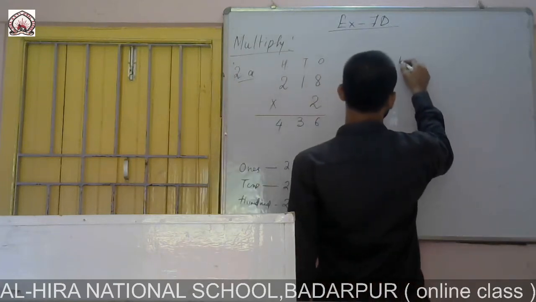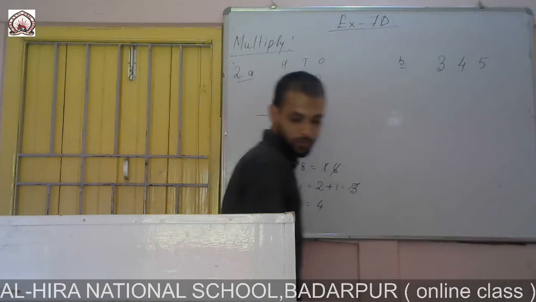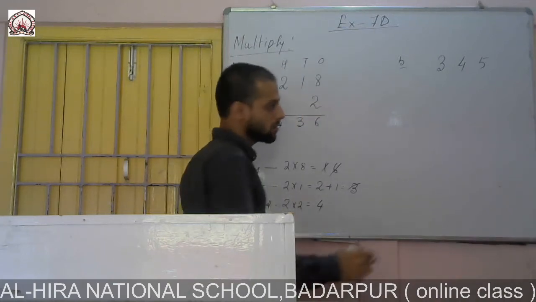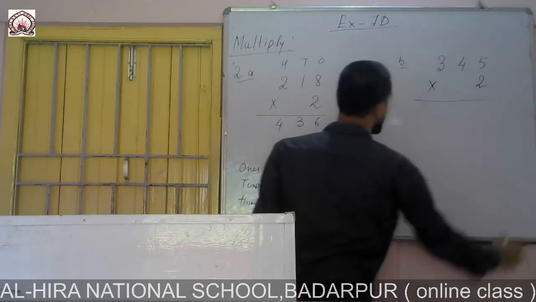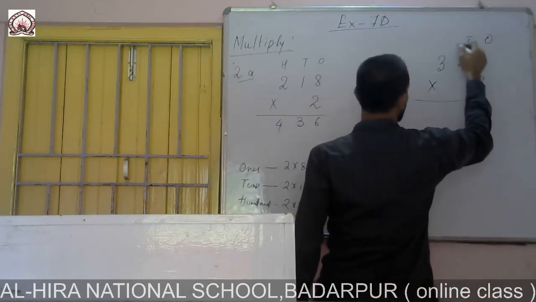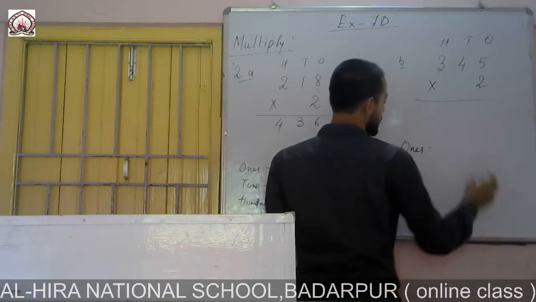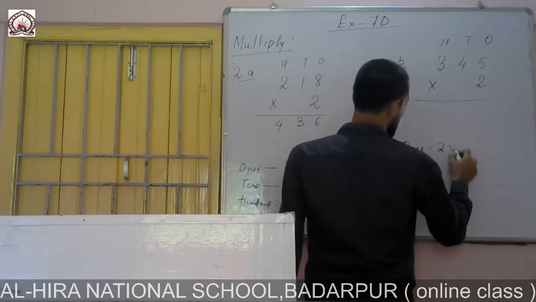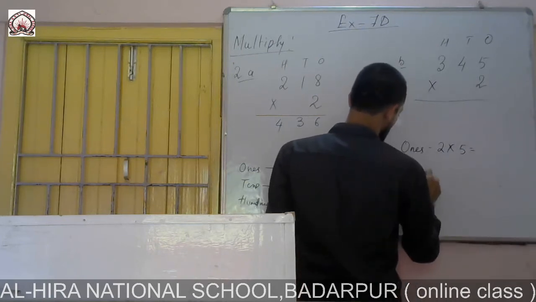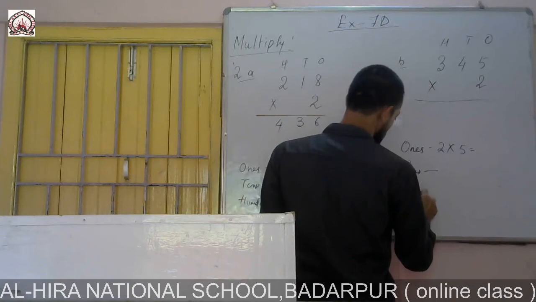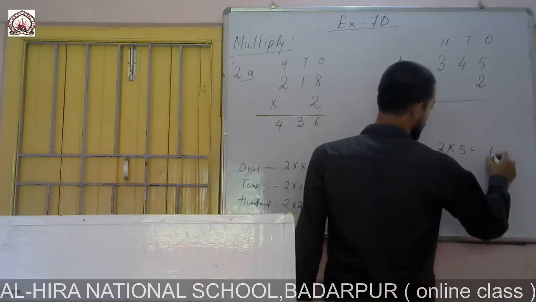Next, B. 345 multiplied by 2. Ones, tens, hundreds. At first, the ones place. 2 multiplied by 5 equals 10.